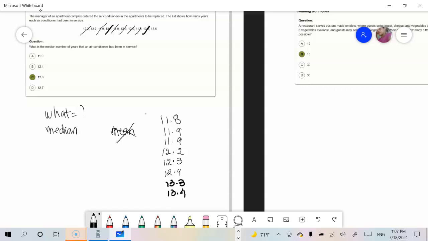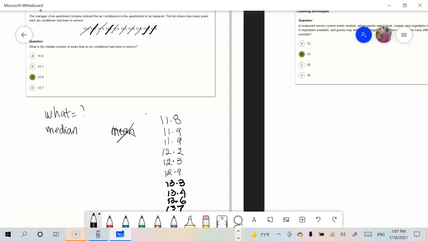The next one is going to be 13.6. And finally, I'm going to have 13.7. Hopefully you understand that this is 13.7.